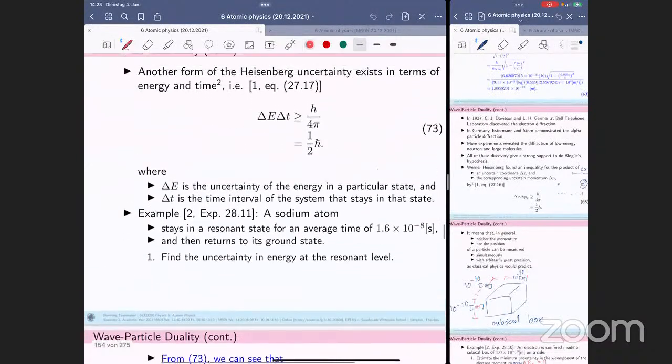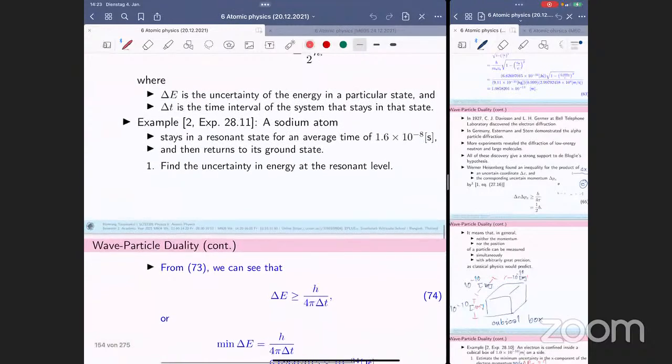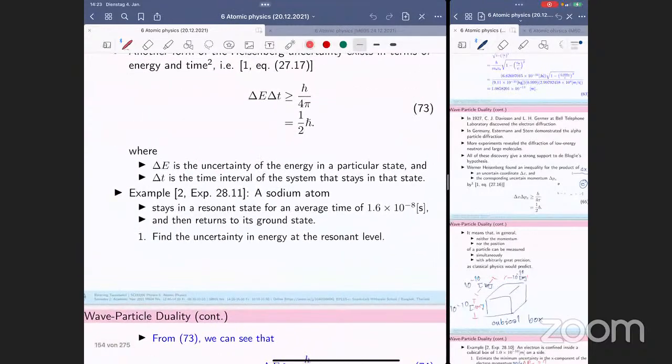Here is the first example. In order to completely understand what's going on with equation 73, we have to consider this example, which is taken from book number 2, example 28.11. We consider the sodium atom, and we don't go into the detail of electron or any structure.